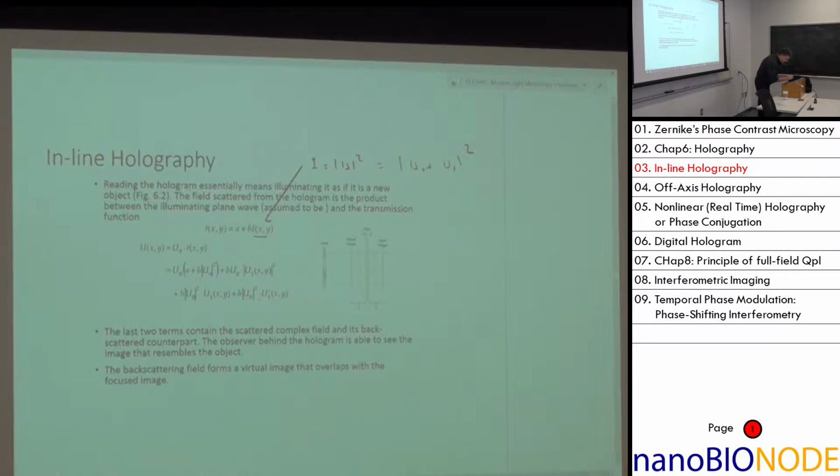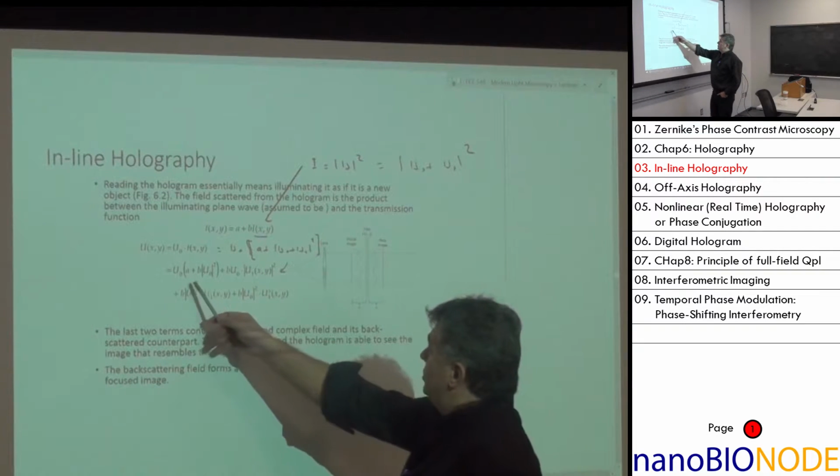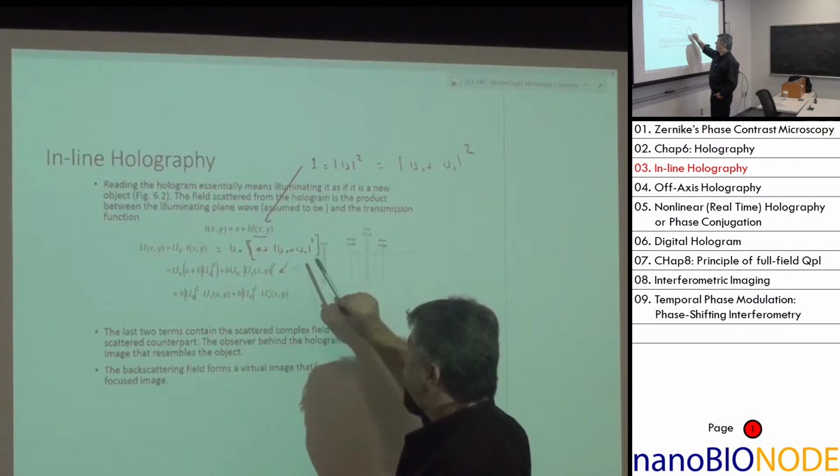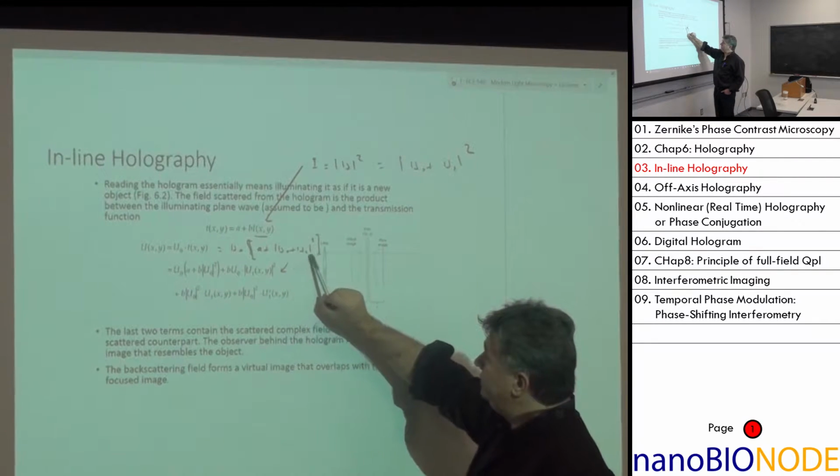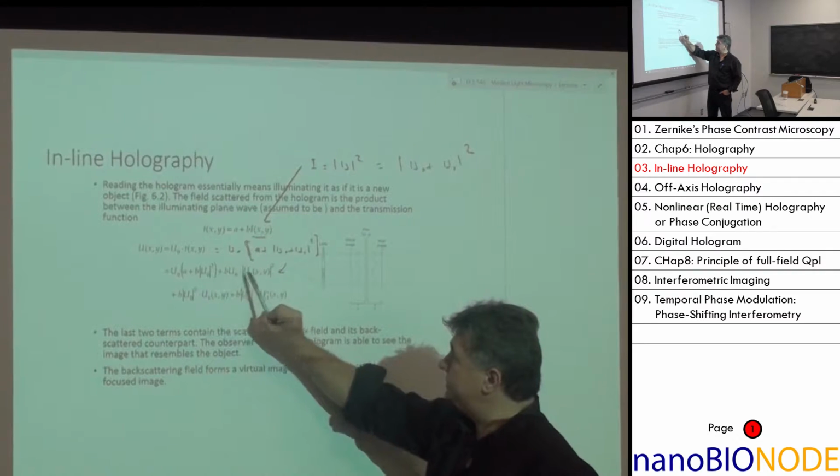So I think that's what I have here. So you expand that. So it's U0 times A plus U0 plus U1 magnitude square. And that should be equal to this thing. So this will give me magnitude of U0 squared, magnitude of U1 squared. These are the first two terms.